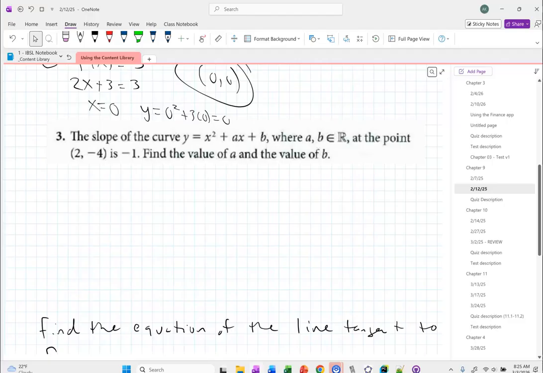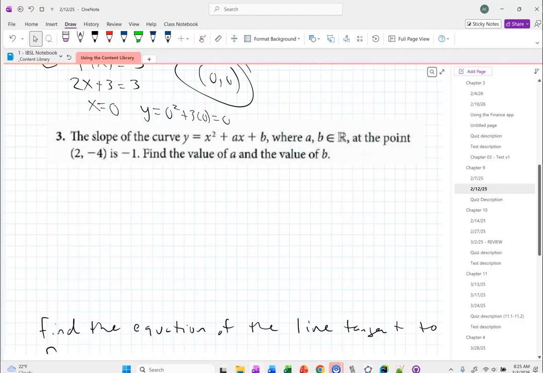So what is one of the things we're given in this problem? The slope of the function at a point, right? What are we going to have to use if we're dealing with slopes of functions? We're going to use the derivative, right? The derivative is our key if we're talking about slopes of functions.